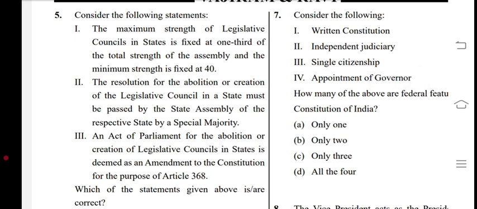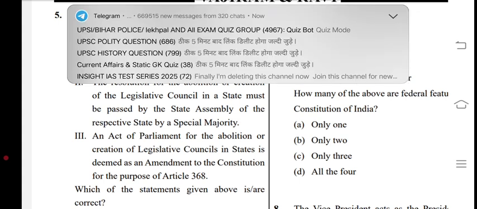Consider the following statements. The maximum strength of the legislative council in a state is fixed at one-third of the total strength of the assembly, and the minimum strength is fixed at 40. The resolution for the abolition or creation of legislative councils in states must be passed by the state assembly of the respective states by special majority.